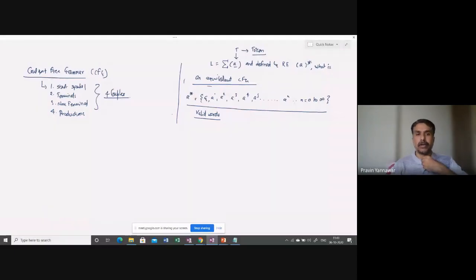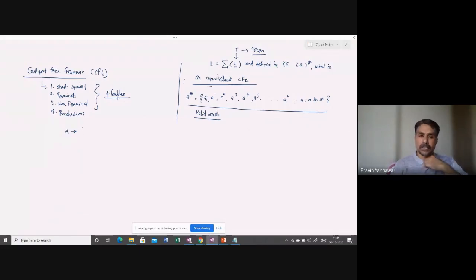So we can write a context-free grammar here in this particular way, such that, in a simple case, it contains a start symbol. So if I say capital A implies, okay, terminal symbol and non-terminal symbol.